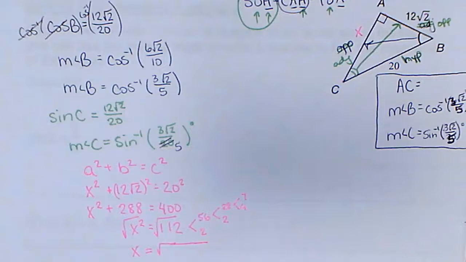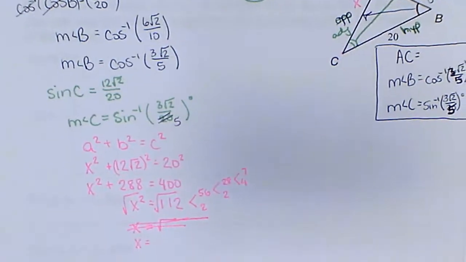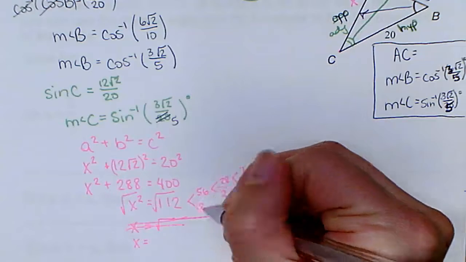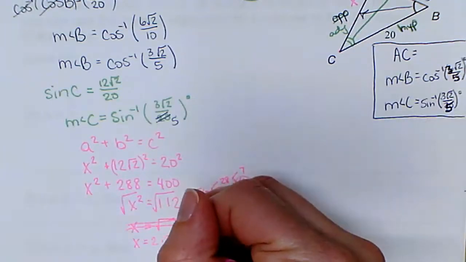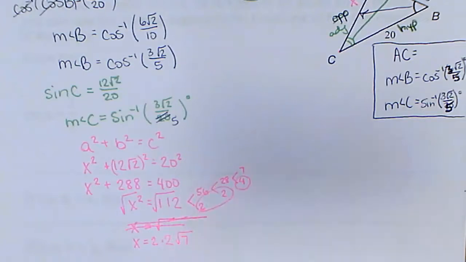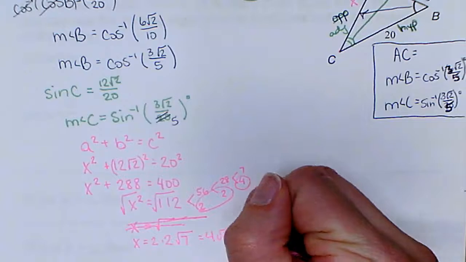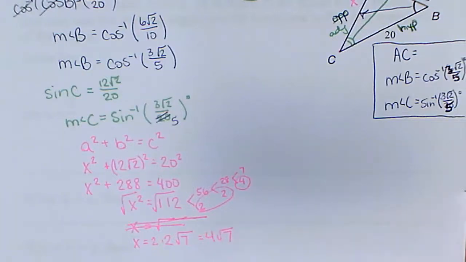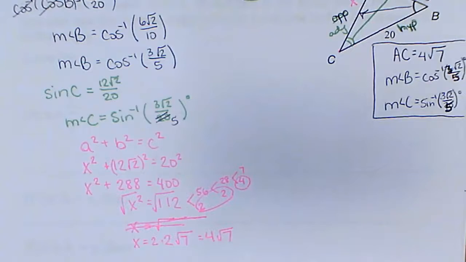Okay, there we go. So x equals, here's a pair, here's a perfect square, and then out here we have a 7, so that's going to be a leftover, and this equals 4 square roots of 7 if you simplify. So my length from A to C is 4 square roots of 7.